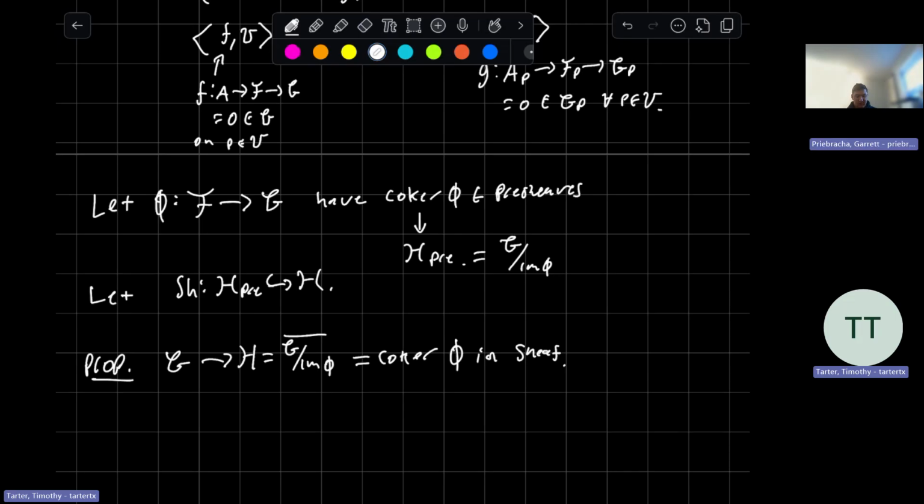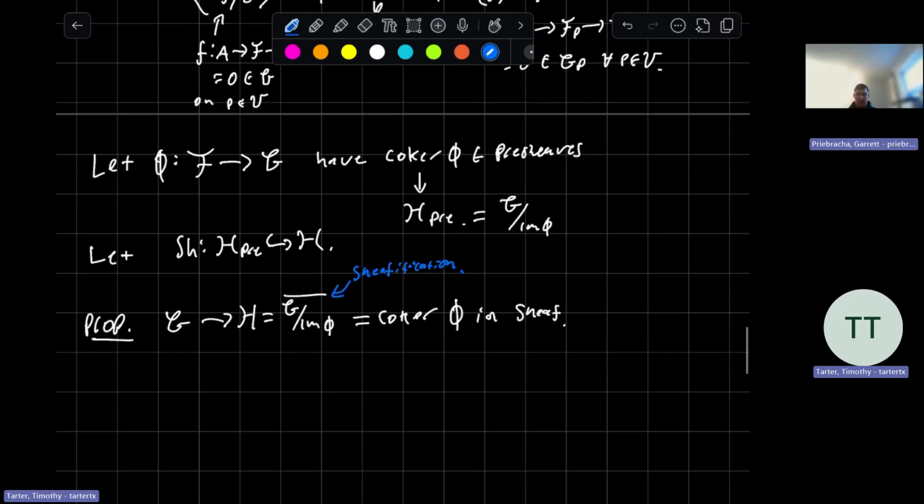What does the line above it mean? Sheafification. Oh, okay. Normally it means closure, but because this is in presheaf, when we sheafify it through sh, we get sheafification. So it's just all the things that satisfy identity and gluability.